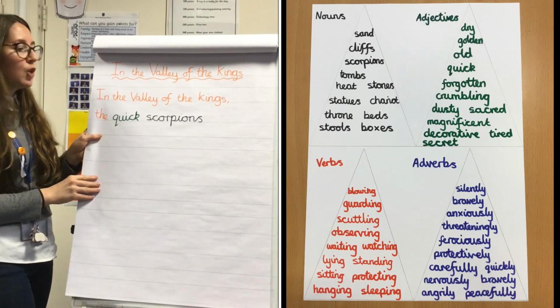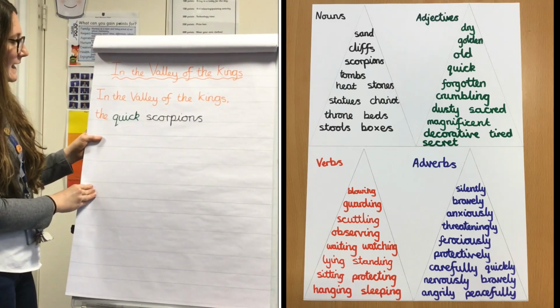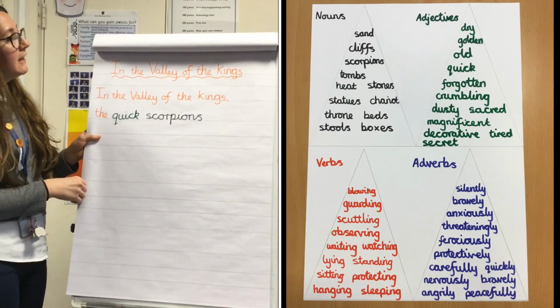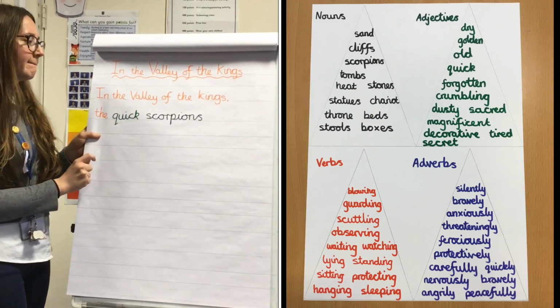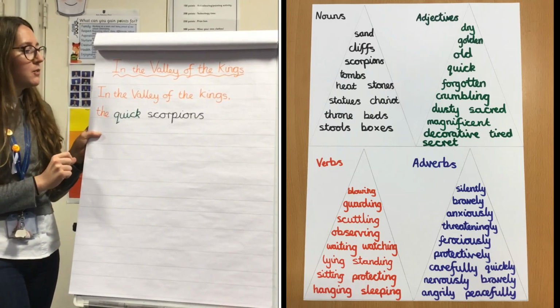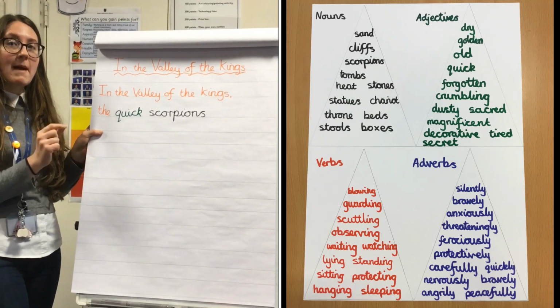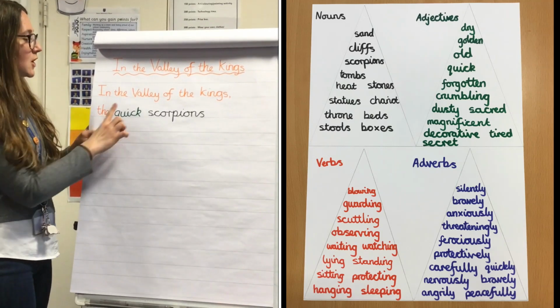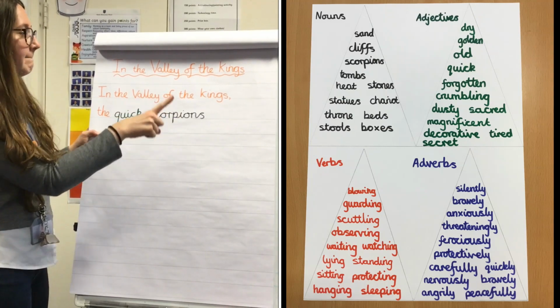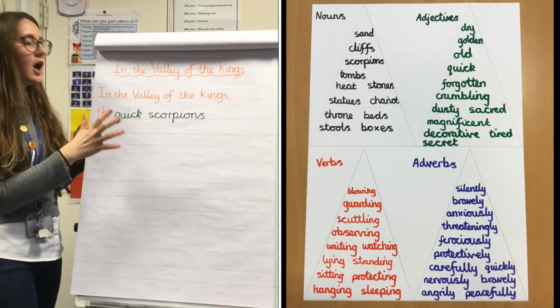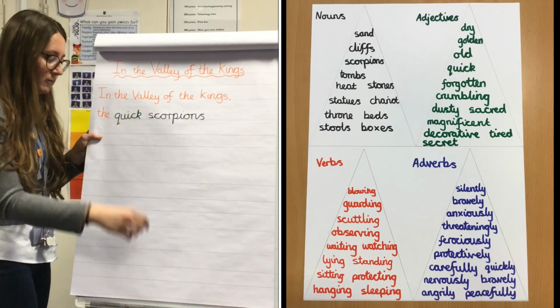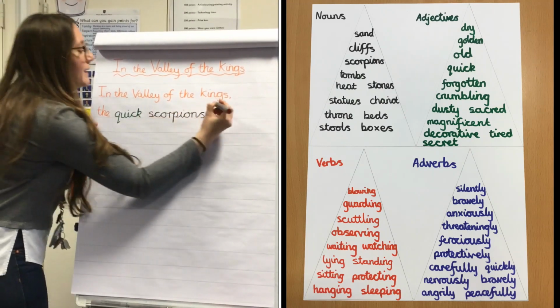So what could the quick scorpions be doing? They could be waiting. They could be watching. The quick scorpions, I'm thinking now that I might want to use some alliteration here. Remember, that's where the sound is the same. So the quick scorpions, I'm going to have scuttling. The quick scorpion scuttling. I'm going to change scuttling to scuttle. So the quick scorpions scuttle.